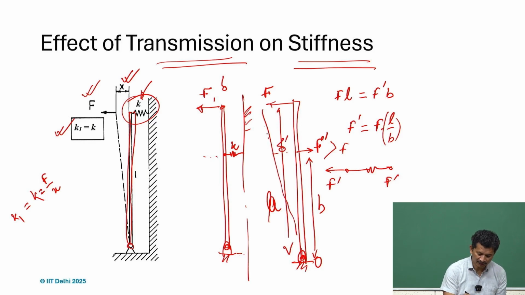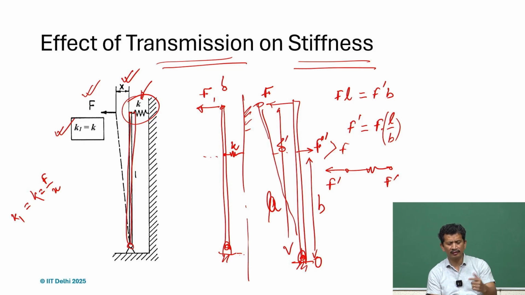And when it comes to this point, again there will be leverage, and the deflection will again get multiplied. So, there is a multiplying effect; it is not just linear.